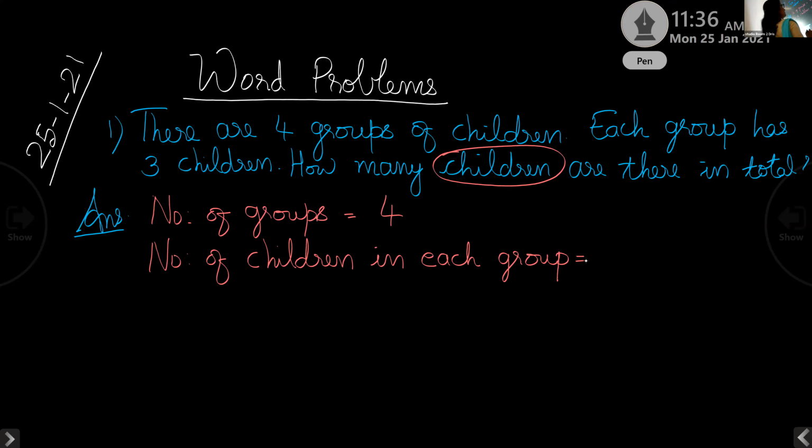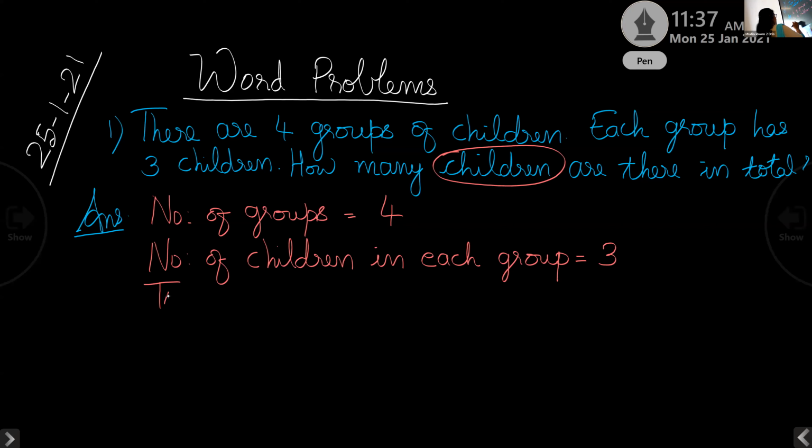Daksha, just read the question and tell me how many children are there in each group? 3. Good. Each group has 3 children. So number of children in each group is equal to 3.